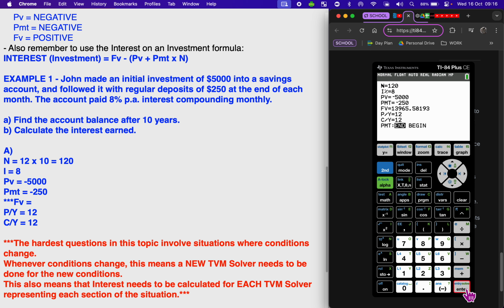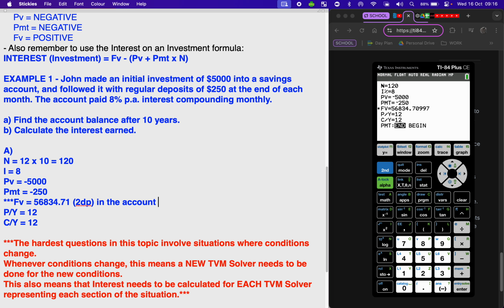See, I pressed enter, it automatically made them the same. So alpha, enter. So that tells me that if you were to do this, there would be $56,834.71 to 2DP in the account after 10 years.